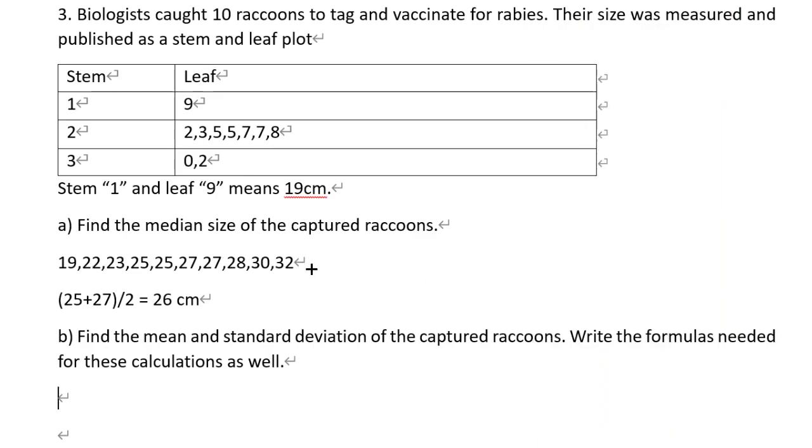Okay, so what you need to do is you just take all of these, you add them up, and then you divide it by 10, which is 25.8. So that's the mean.